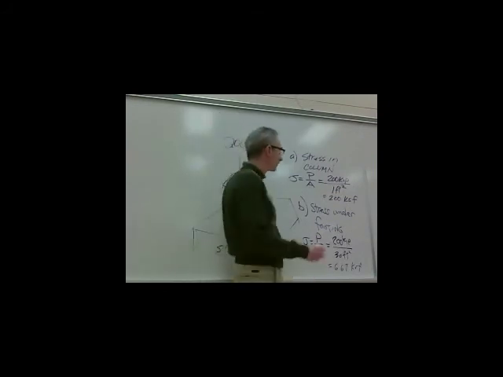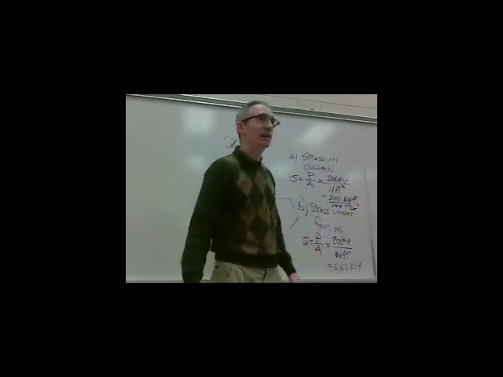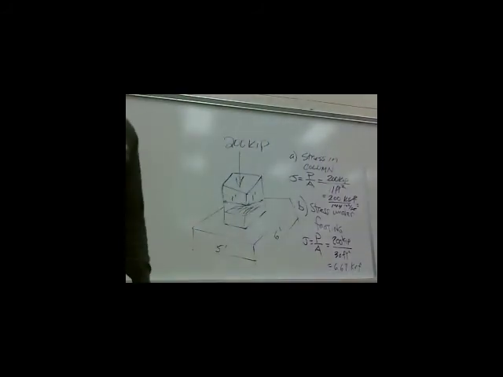You divide this by 144. So divided by 144, square inches per square foot, square feet go away, and you'd get 1.39. The units would be KSI, kips per square inch.